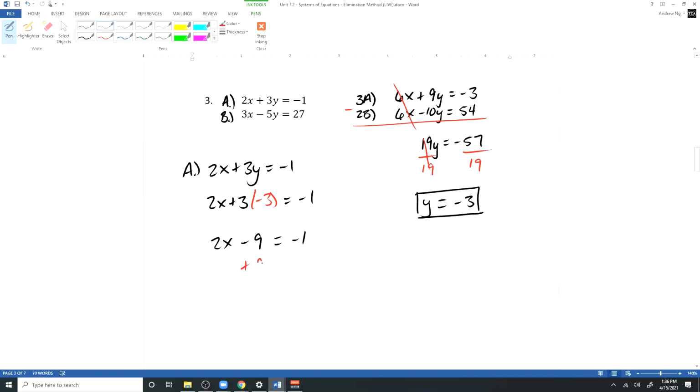Add 9 to both sides. 2x equals 8. And then finally, divide by 2. x equals 8 divided by 2, which is 4.